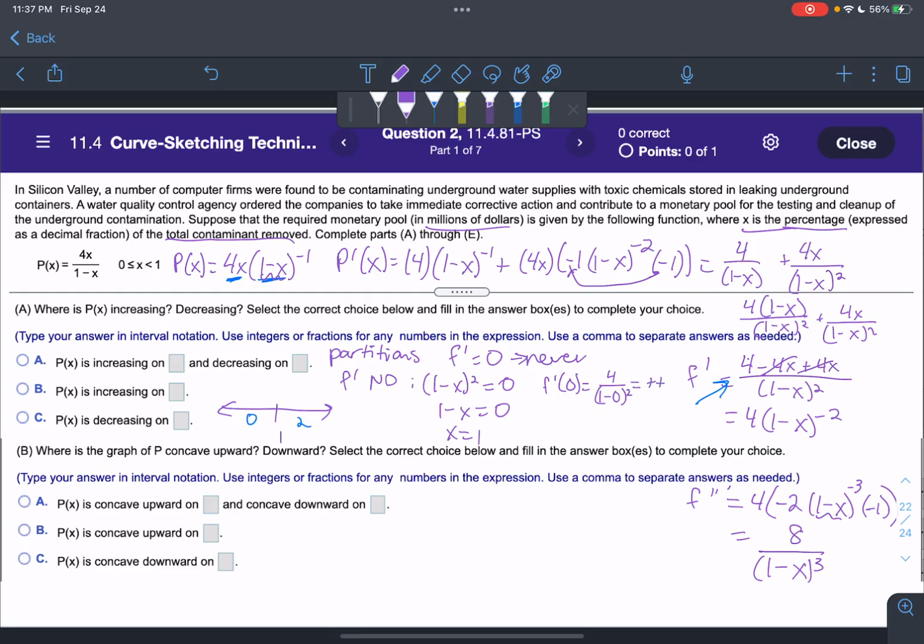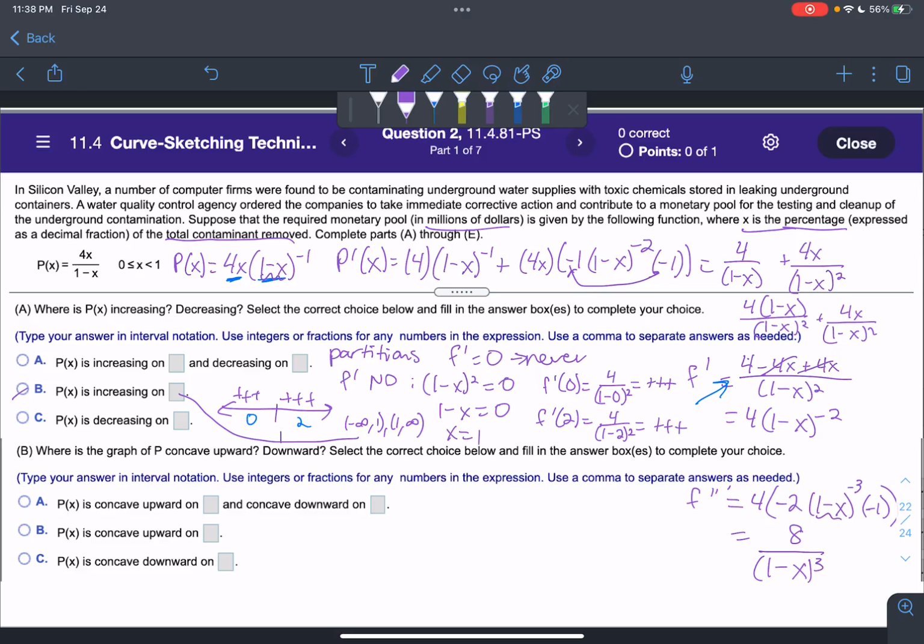That's going to result in a positive 4 over 1. And then let's try f prime of 2. That's going to be 4 over 1 minus 2 squared. That's still going to be positive, right? 4 over minus 1 squared, that minus 1 will become positive, so we'll have another positive. So it's just going to be always increasing from, I guess, I'll put it here, negative infinity to our partition of 1, and 1 to infinity.